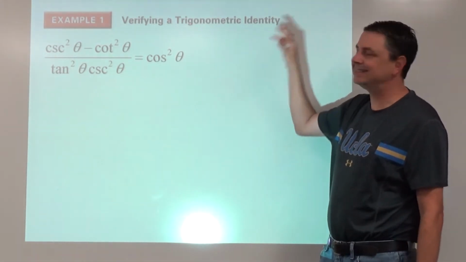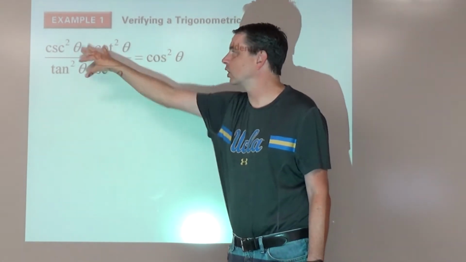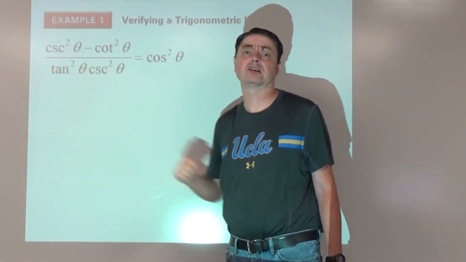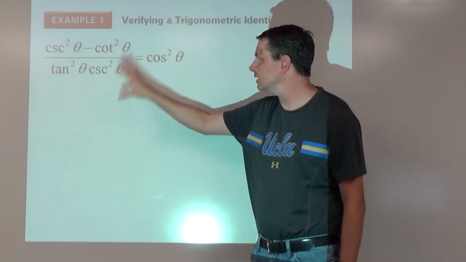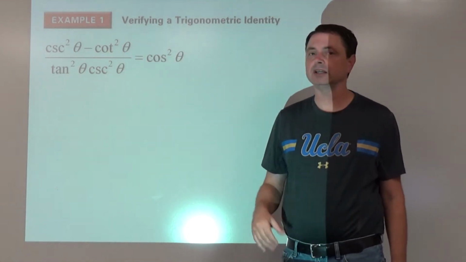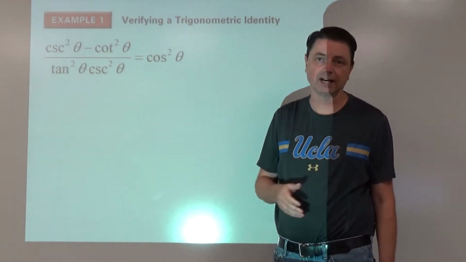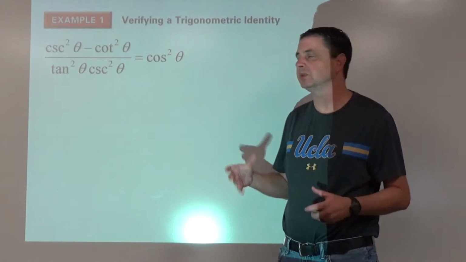All right, so what an identity is, it's an equation that is true always for all values of, in this case, theta. So no matter what theta is, it'll always be true. Like x equals 5 is not an identity because if we say x is 6, 6 does not equal 5. Okay, so it's got to always be true.